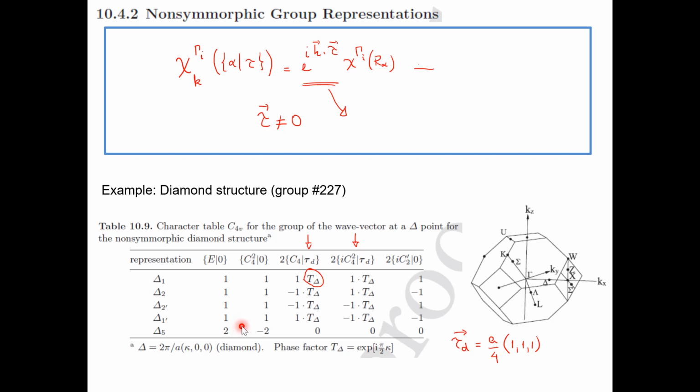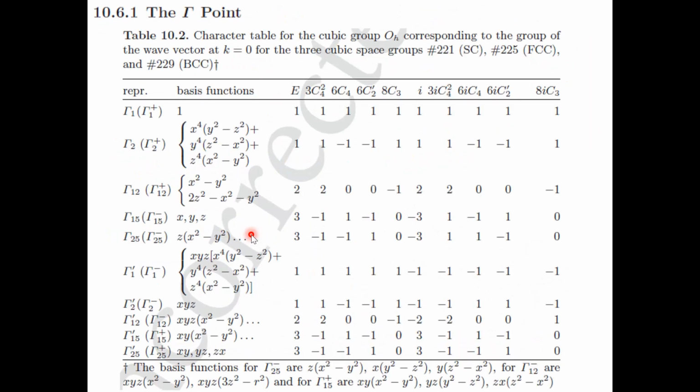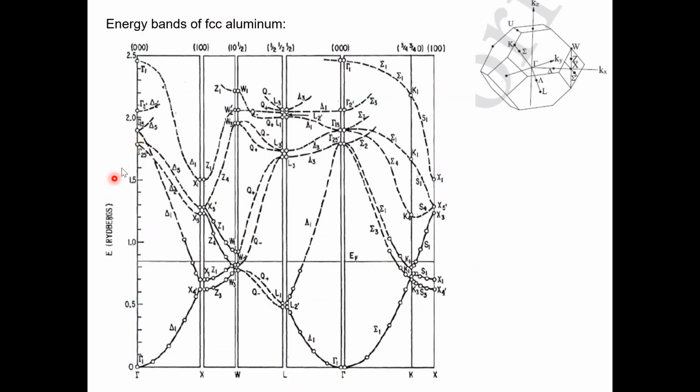I must, because it's a smaller group, it's a C4V group, so I cannot have threefold degenerate states. So this is a way to understand why some degeneracies are split when I go away from the gamma point. And we are going to see that group theory tells us exactly how these different degeneracies have to be split. Okay?